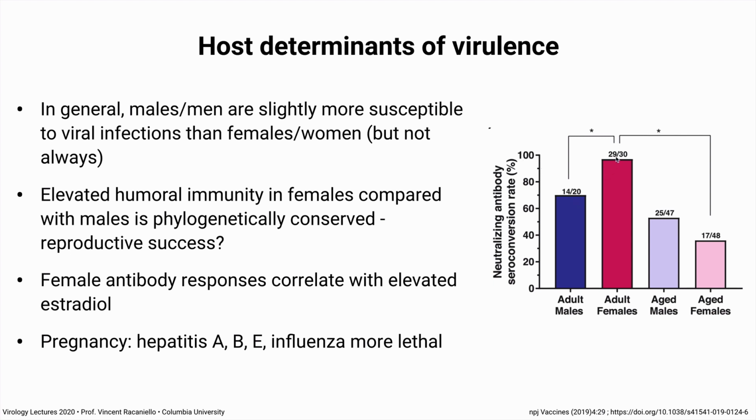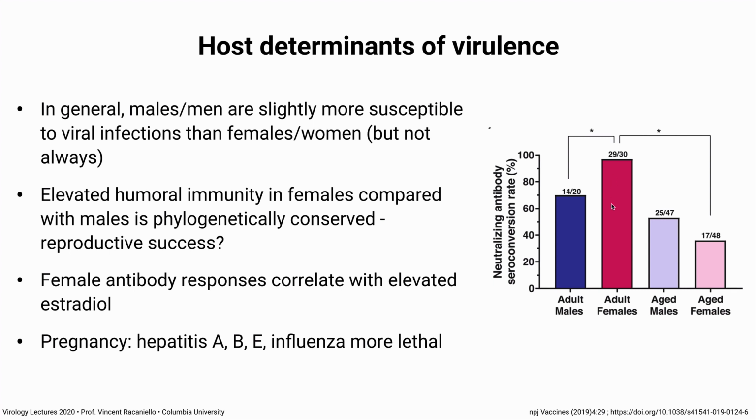You can see that the females seroconverted at a higher rate than males, 29 out of 30 versus 14 out of 20. However, that difference in older individuals goes away, and in fact, females have a slightly lower response. So again, this may be in younger females to help with reproductive success.